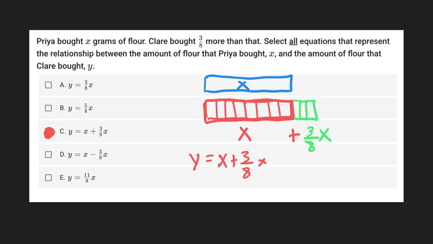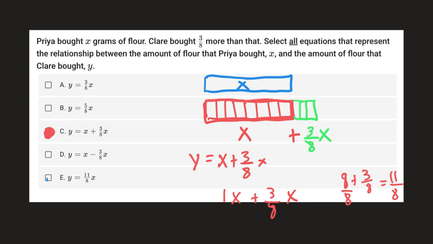Okay, there's one more answer, and that's adding X plus 3/8. So if I have 1X plus 3/8 X, and this is something we could do on a calculator, but because you don't have a calculator watching this video, or maybe you do, I don't know. If we add 1 plus 3/8, and we're going to change 1 into 8/8, that ends up being 11/8.